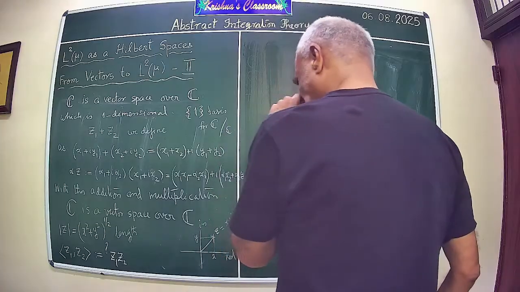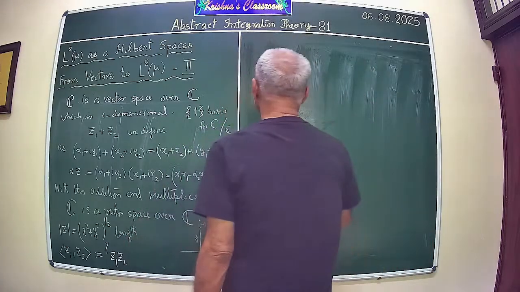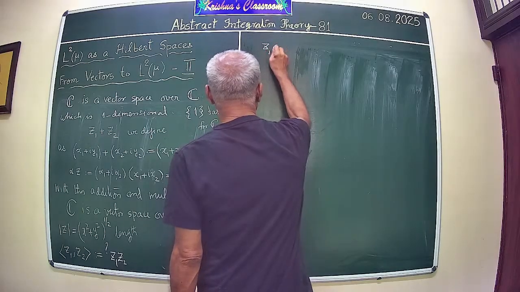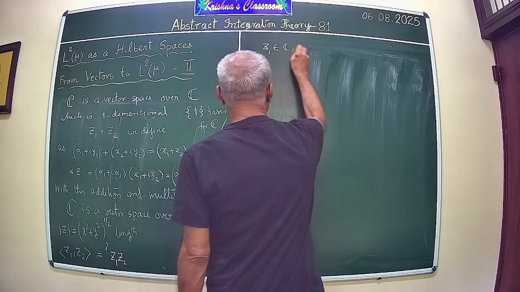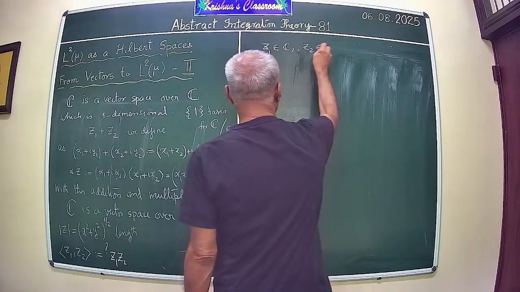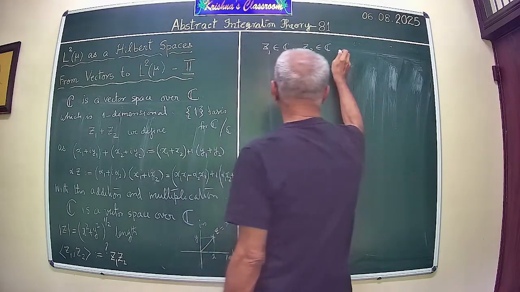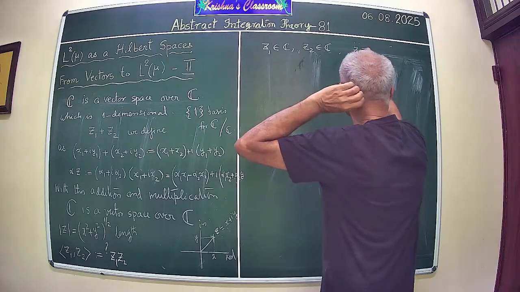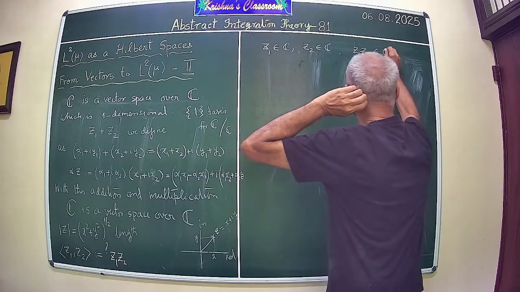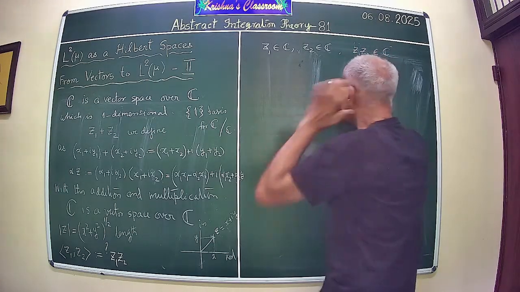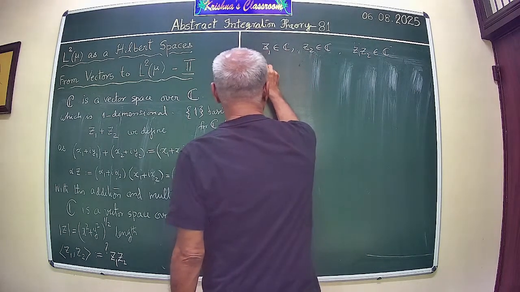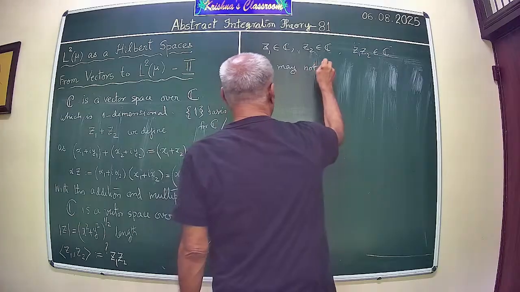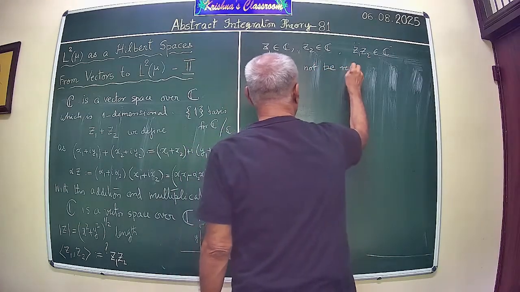Now, you see that Z1 belongs to C, Z2 belongs to C, and Z1 times Z2 is in C. But this may not be real.